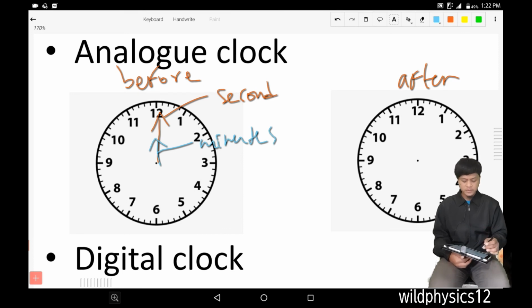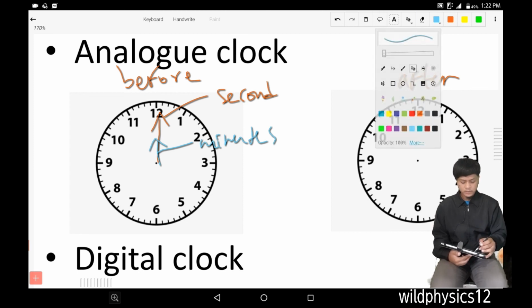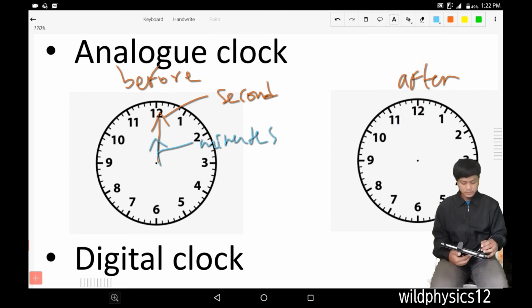But after the measurement, the seconds and minutes have changed. So the result of the measurement, the seconds arrow, the long arrow, points to 1.